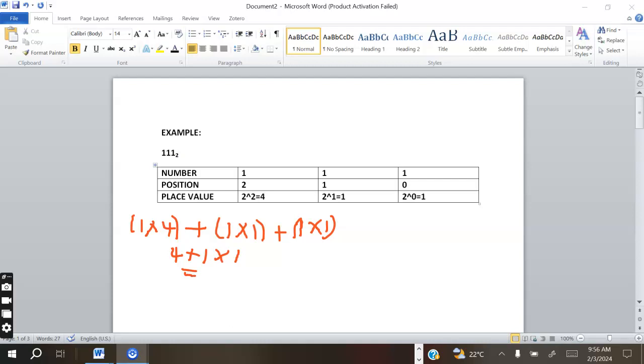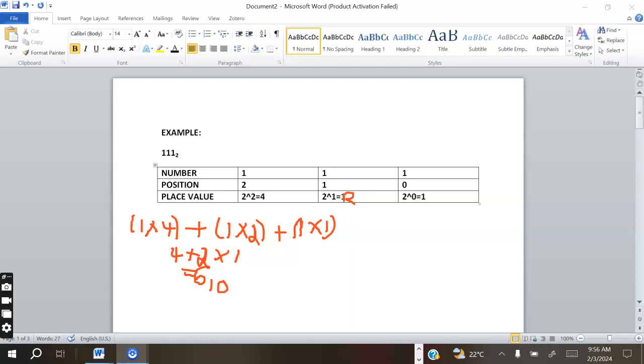And the final answer is supposed to be 7. Our answer is supposed to be base 10, since we are trying to convert. Let me see. Okay, there's a problem here. This one is supposed to be 2. Sorry for this one, this is supposed to be 2. So this is 1 multiplying by 2, 1 multiplying by 2. I hope you had noted that.